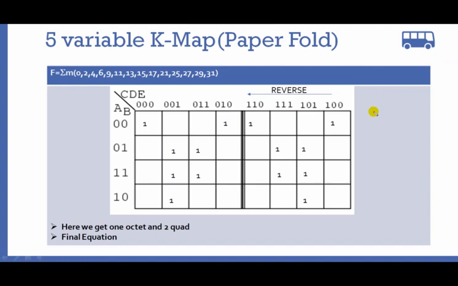Now we will make groupings in this 5 variable K-map. So here we got an octet, because these are adjacent. When you fold it like a paper, they are adjacent as they are only changing by 1 bit. Over here you can see 0 1 1 1 1 1, 0 0 1 1 0 1. So we get an octet over here with 8 ones, and then we get 2 chords. Here is 1 chord and here is 1 chord.